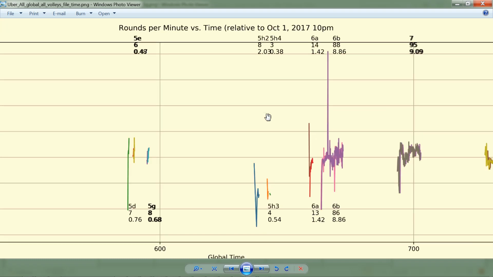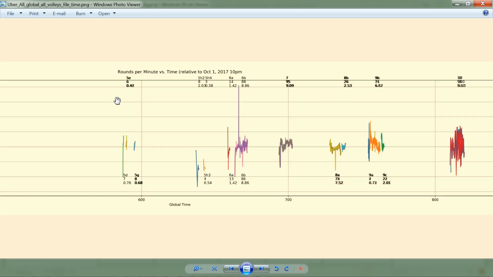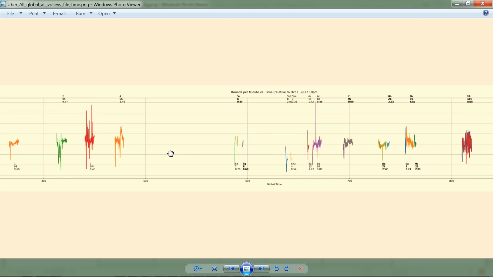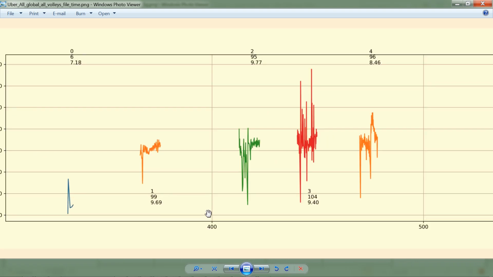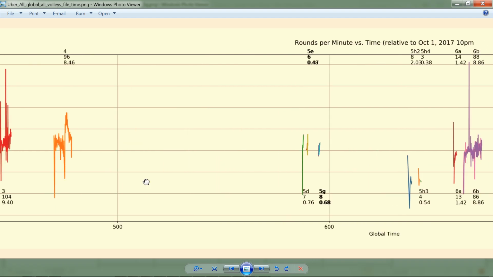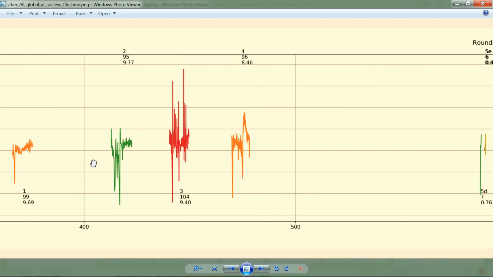And this is for rounds per minute relative to October 1st at 10 p.m. So in this case we've said that we're going to start this at 10 p.m., and these times on the bottom are going to be seconds relative to 10 p.m. So at 10 p.m., I think it was 10 p.m., or did we say 05? Yeah, 10 p.m.